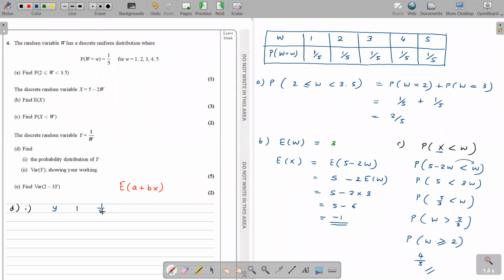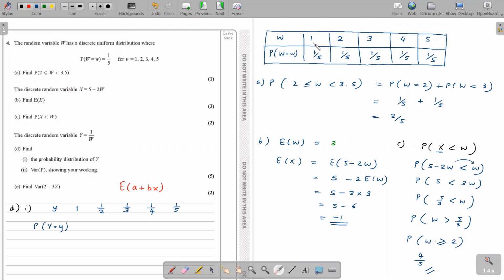Are you with me? Next Y value. When W is 3, Y becomes 1 over 3. When W is 4, Y becomes 1 over 4. When W is 5, Y becomes 1 over 5. And then the probabilities, do you think the probabilities are changing? Just because we change the variable value, the probability of this W value occurring doesn't change.